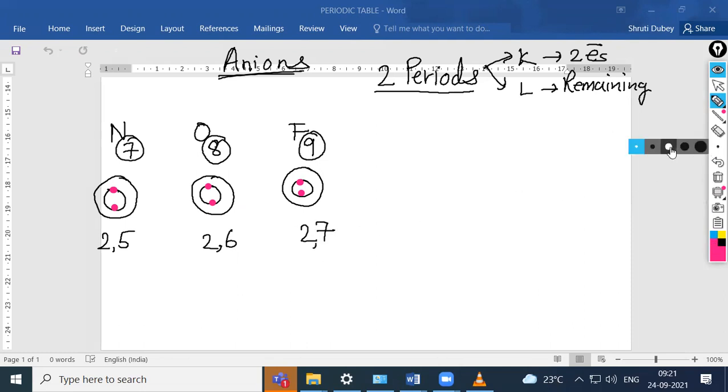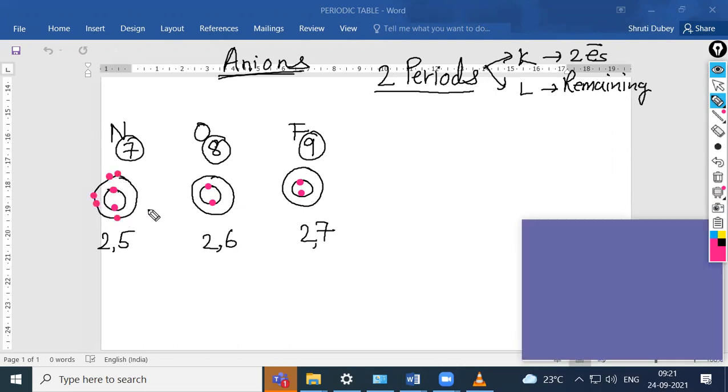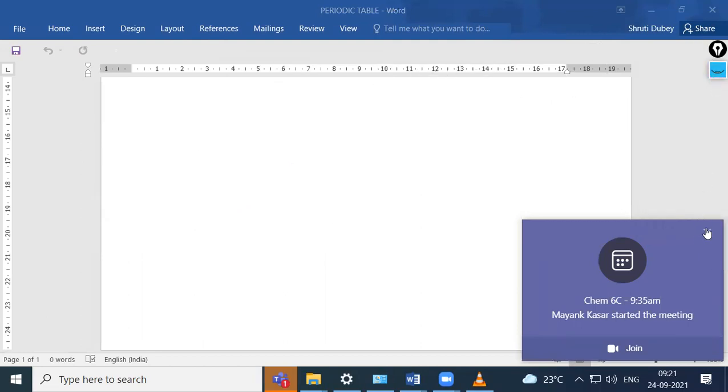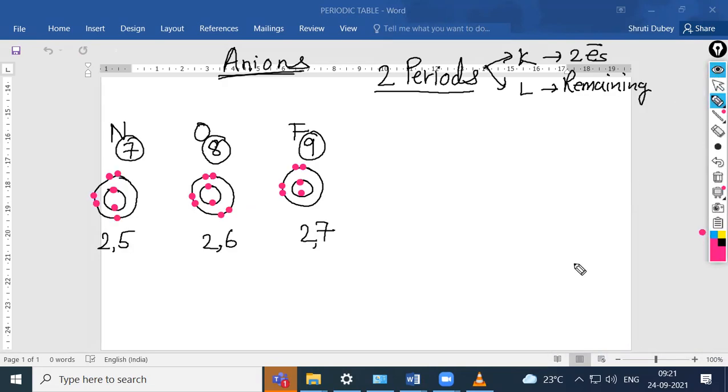Let us arrange the remaining electrons also. 1, 2, 3, 4, 5. 1, 2, 3, 4, 5, 6. 1, 2, 3, 4, 5, 6, 7. Now, the story over here is a bit different.